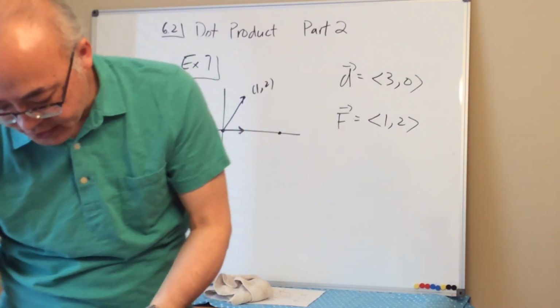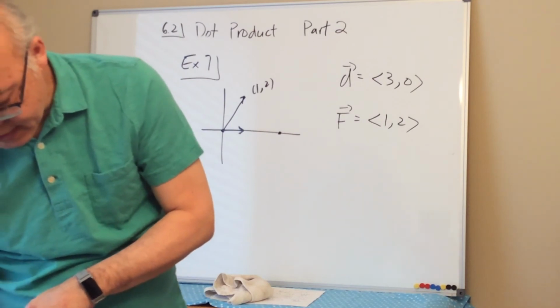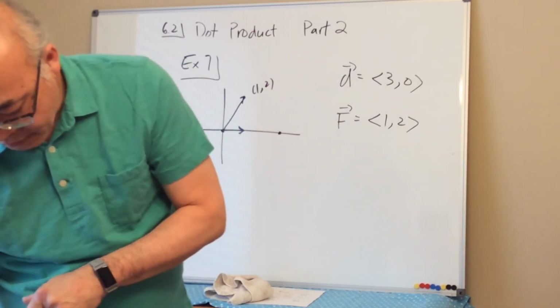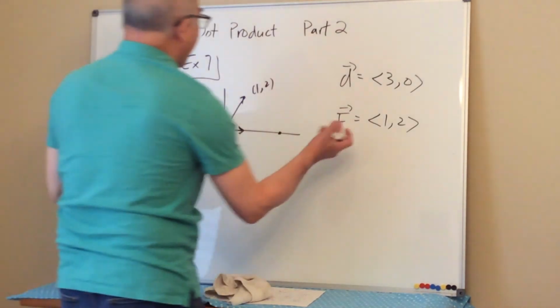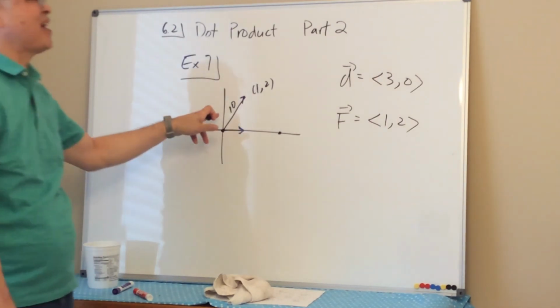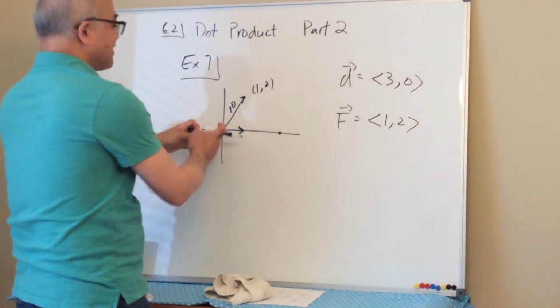Okay, the way the book did it is that the force is 10. Oh, so the force is 10. There's a magnitude here, this is what I'm missing. There's a magnitude of 10, and 1, 2 is just the direction.